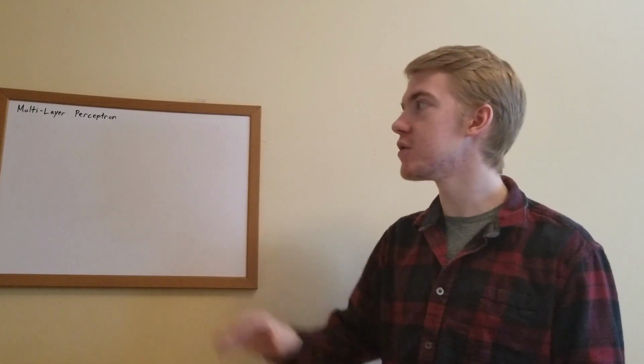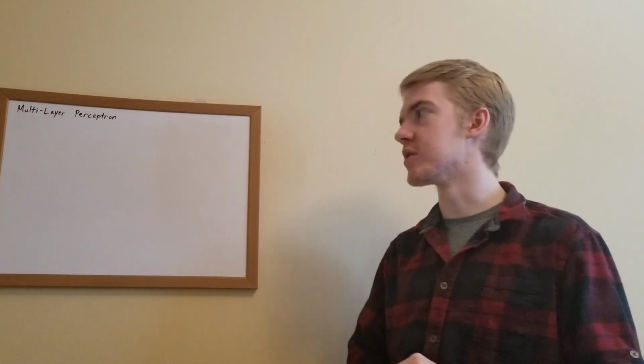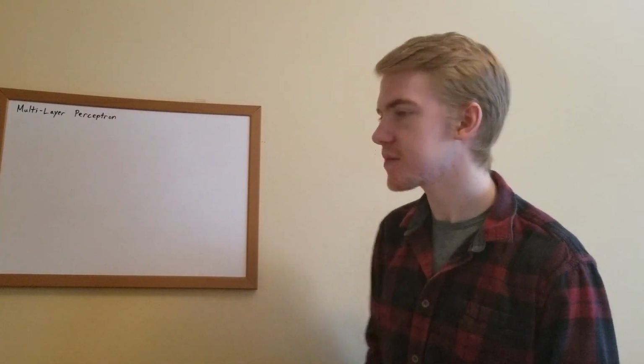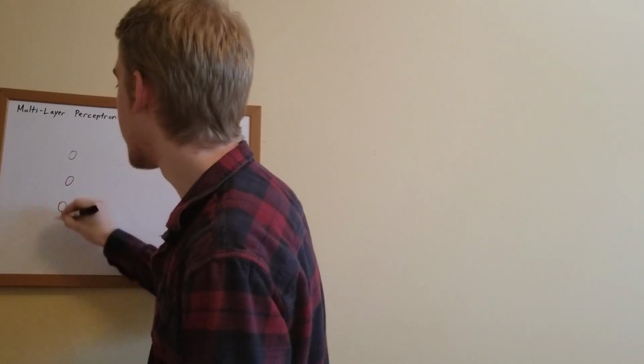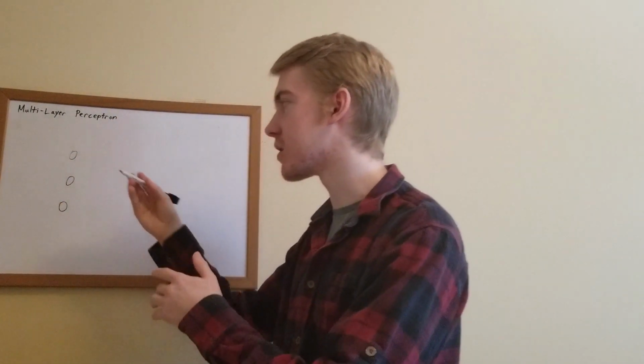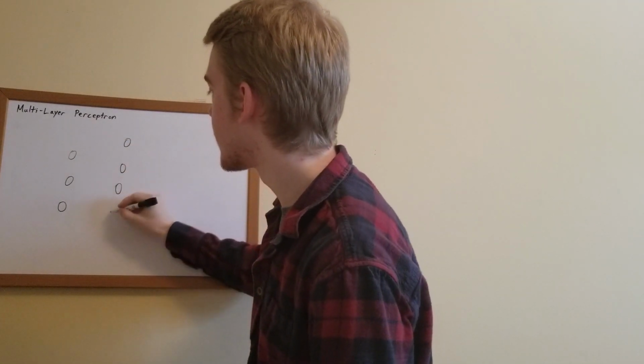Therefore, we need to somehow have our function take into account these relationships between the different inputs. A solution for this is to layer perceptrons on top of each other in order to get more depth into our function. So here, we might have a couple inputs to be our car's attributes, and then we might have a couple of perceptrons.